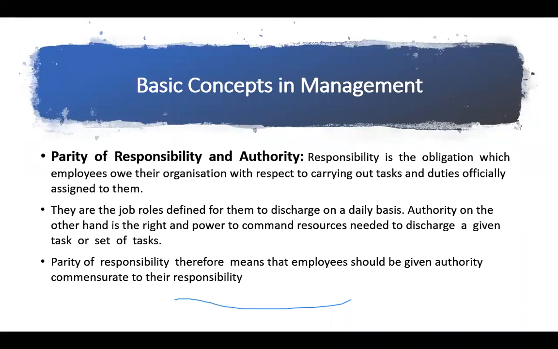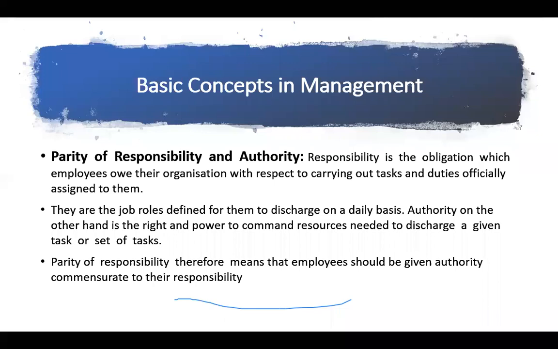You are not going to achieve what you are meant to achieve, and the firm will be losing in terms of value. You are meant to achieve tasks A, B, C, D. But because you have limited resources, limited authority over the resources of the organization, you are not going to achieve more.